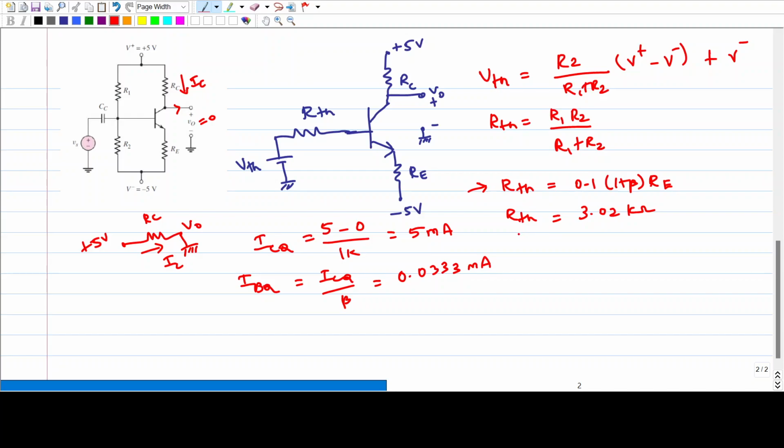Now we have to write KVL at the input loop.